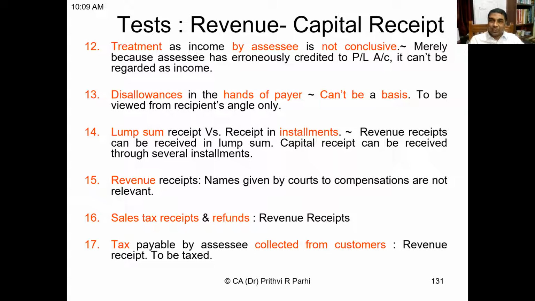So this argument cannot be held. Suppose I am paying tax on this, you cannot say, no, he is paying tax on this, it is disallowed, so for me this is not an income. This argument will not hold good. So it is disallowed in the hands of the payer, doesn't mean that it is not an income to the recipient. This cannot be a basis.